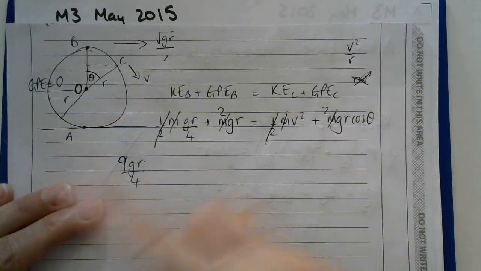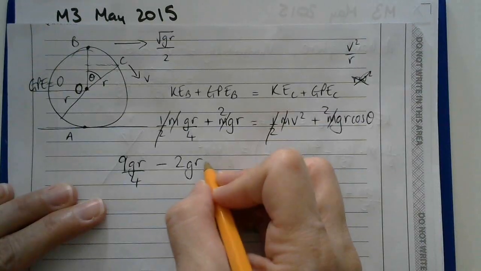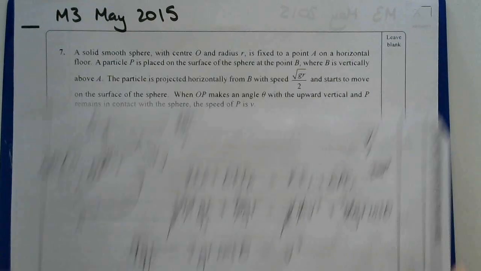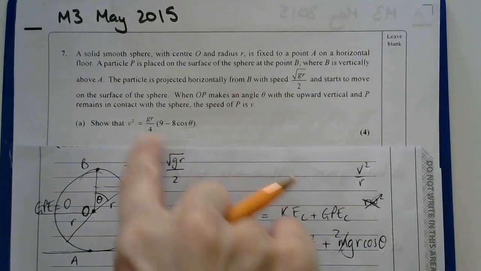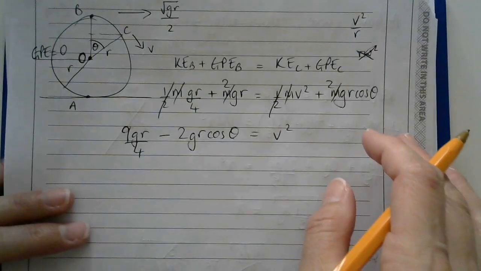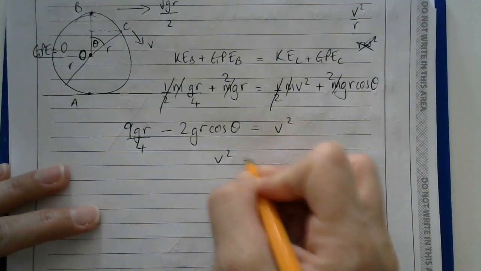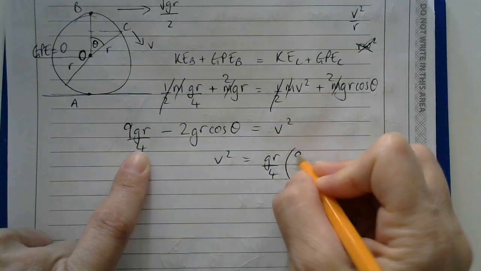Then I'll bring this over to the left hand side by subtracting 2gr cos theta from both sides, and that will give me v squared. Now I'll just compare that with what they said. They want gr over 4 out as a common factor. So if I take gr over 4 out as a common factor, then here I will be left with 9.